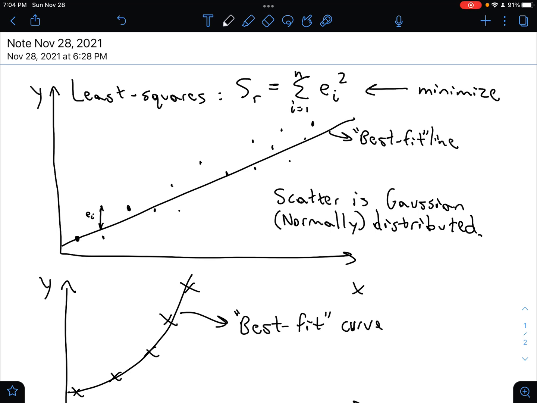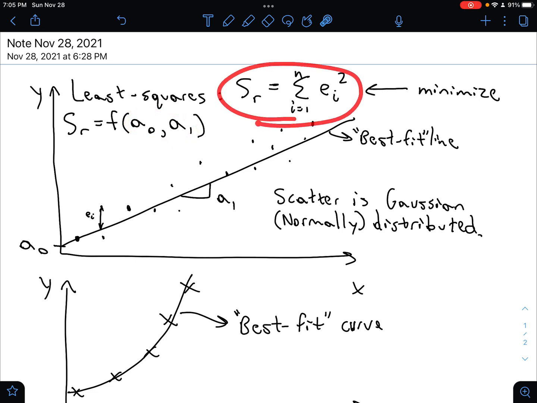I also want to point out that S sub R is a function of the slope and the intercept in the case of a straight line. I'm going to say A0 and A1. What I mean is that the slope here is A1, the intercept is y equals A0, and calculating the regression or the best fit line can be thought of as calculating the values of A0 and A1 such that the sum squared error for all the data points is minimized.